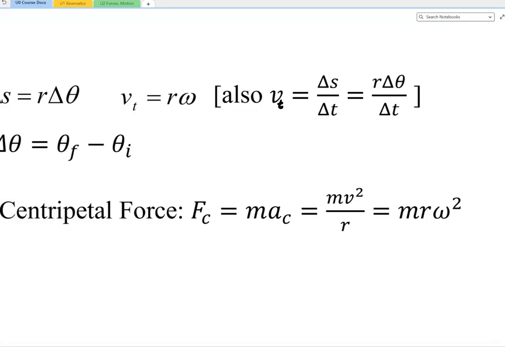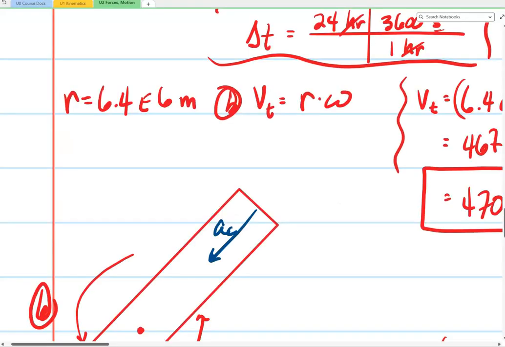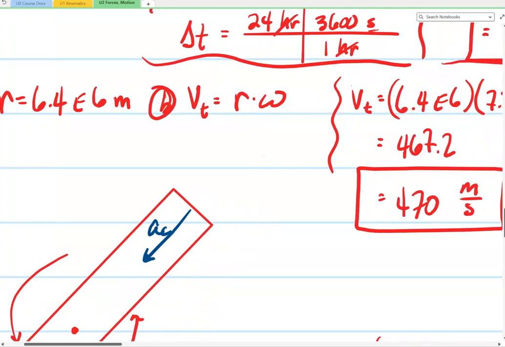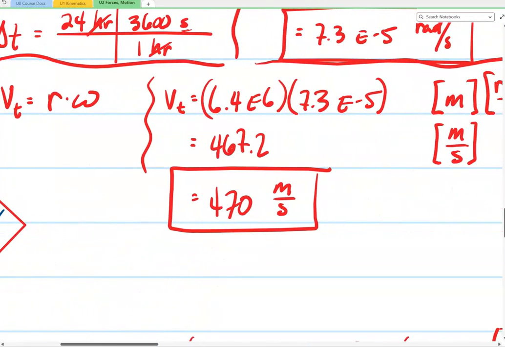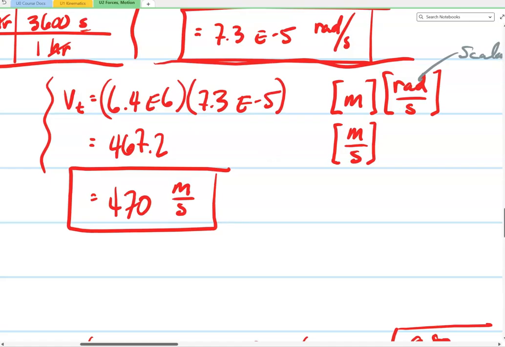So the length that we travel around the edge of a circle divided by the time that it took to travel it, that's also a measure of tangential velocity. And since arc length is simply the radius times our angular displacement, we can use that definition to calculate tangential velocity as well. But in this case, I do like this definition here, that the radius of the Earth times its angular velocity that we just computed a moment ago is computed here.